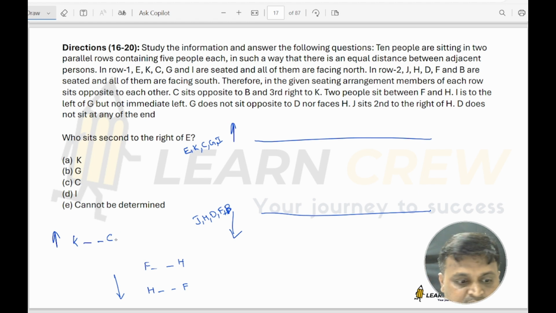So what does it mean? It means I and G cannot be adjacent. I is to the left of G. This is one thing. Not the immediate left.